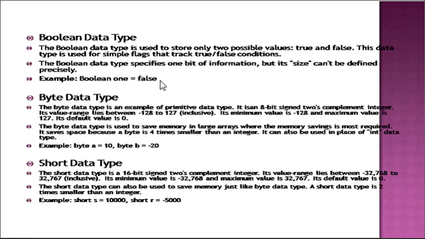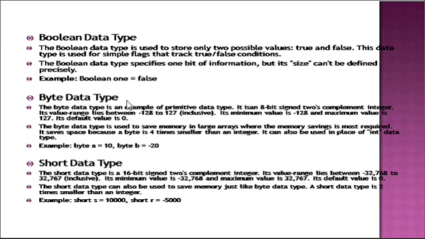There are some definitions of the boolean data type and byte data type, and here we show the predefined sizes of the data types: how much memory space is allocated by the boolean data type, and how much by the byte data type.